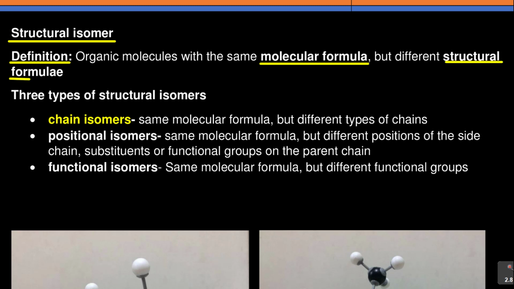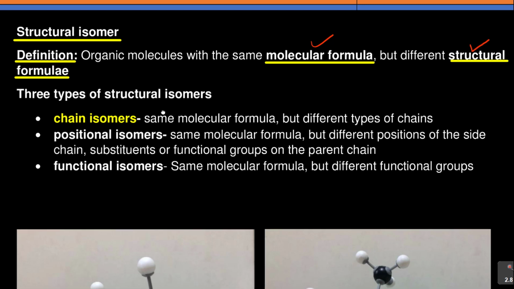So that's the definition of an isomer. This is the key word that you must mention whenever you're defining: an organic molecule with the same molecular formula but different structural formula.